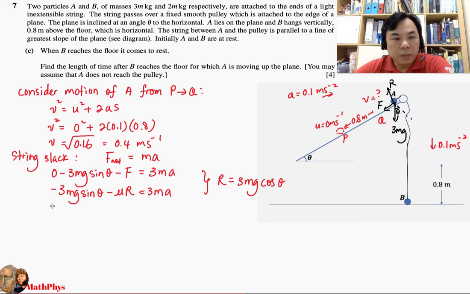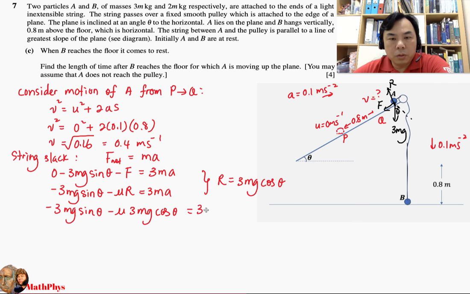So from here we have 3mg sine theta minus mu 3mg cosine theta equal to 3ma. So from here we can get our acceleration.